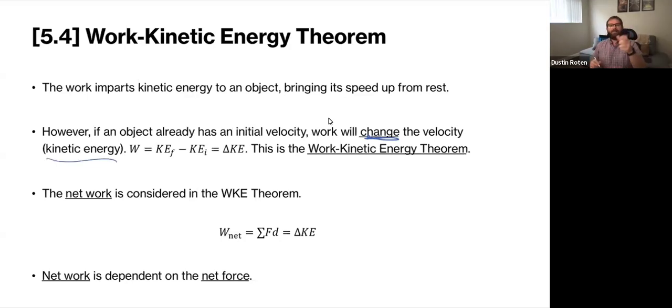We have to talk about it in terms of a delta. So the work done on an object, if it already has an initial energy and we want to change it, is actually just a change in kinetic energy. So this is the real work kinetic energy theorem. The work done equals the change in kinetic energy.